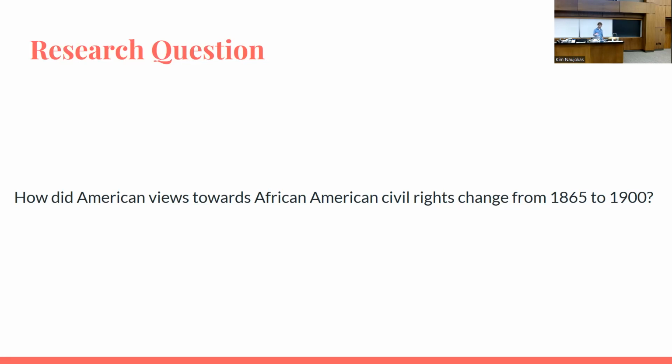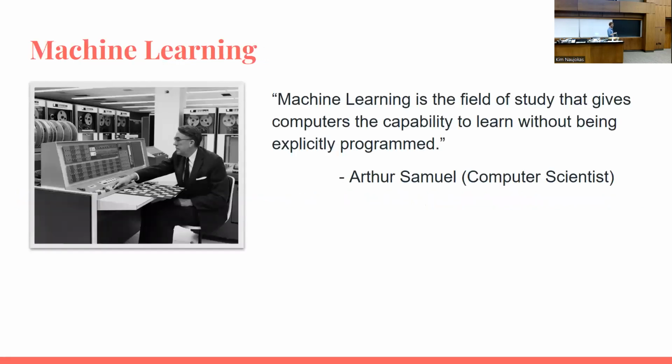Okay, so I've mentioned machine learning quite a few times already, so I figured I'd better explain it a bit more. It's a huge topic that I don't really have time to get into, but Arthur Samuel, who was a computer scientist in the 1950s and kind of pioneered machine learning, explained it pretty succinctly, calling machine learning the field of study that gives computers the capability to learn without being explicitly programmed.